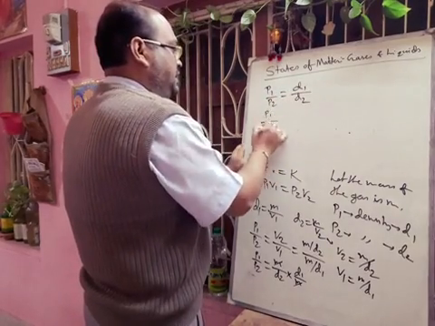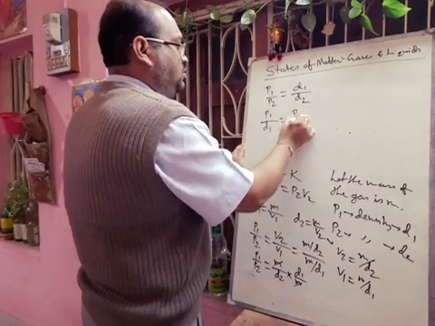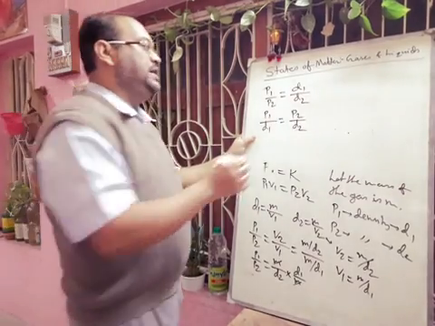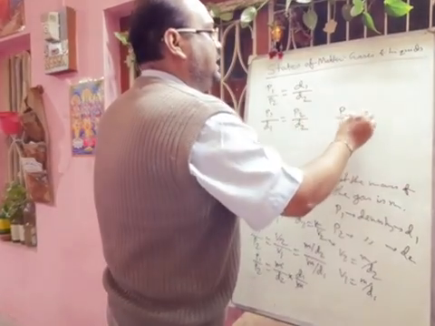So P1 by D1 is equal to P2 by D2. That we can write. So from here we can say that P by D is equal to constant.